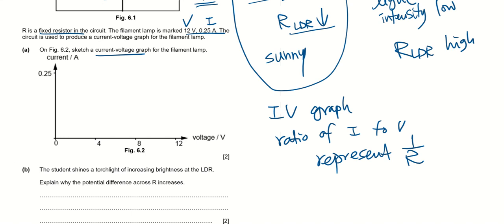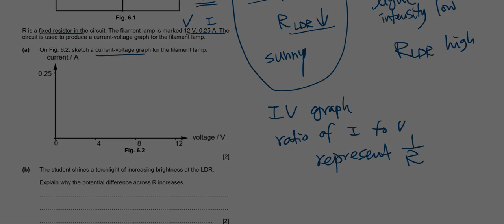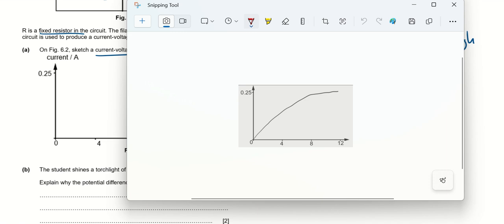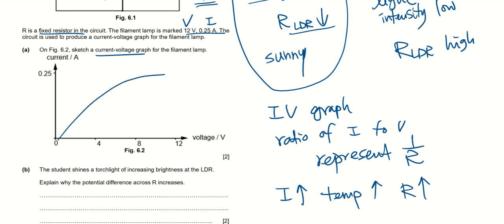That when current increases, the lamp will heat up, the temperature will increase. This will actually increase the resistance of the filament lamp because it's non-ohmic. Therefore, it will take on this shape.